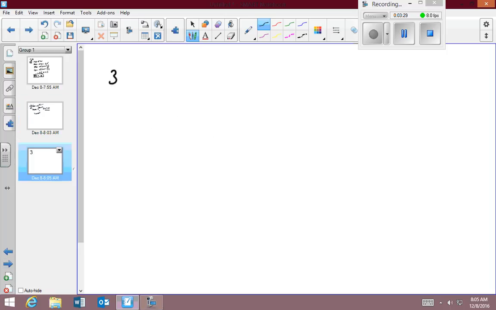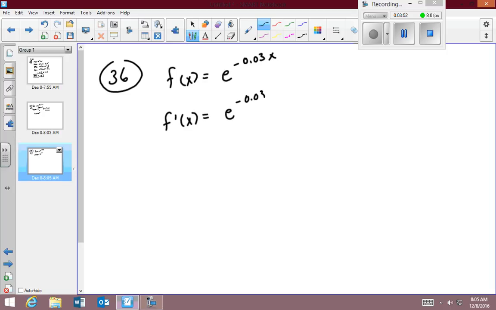So it's f of x equals e to the negative 0.03x. So if we take the first derivative, it's e to the minus 0.03x, and then the derivative of the exponent is going to be the negative 0.03.